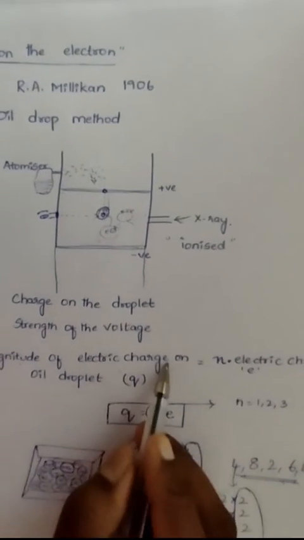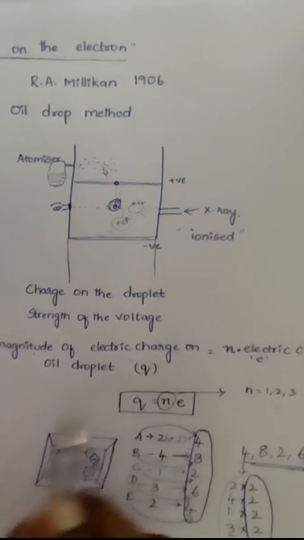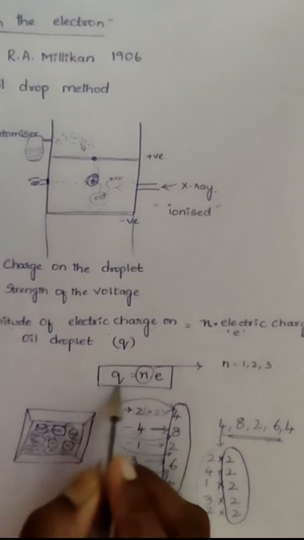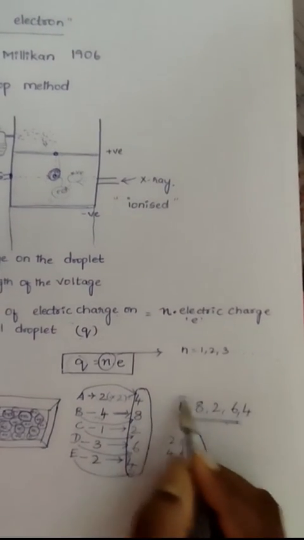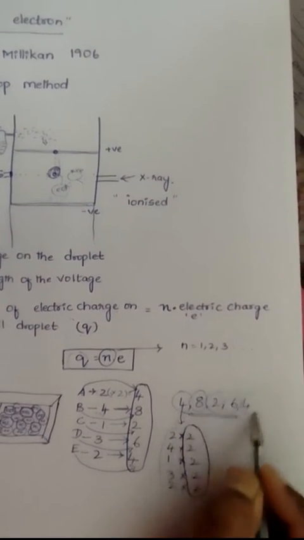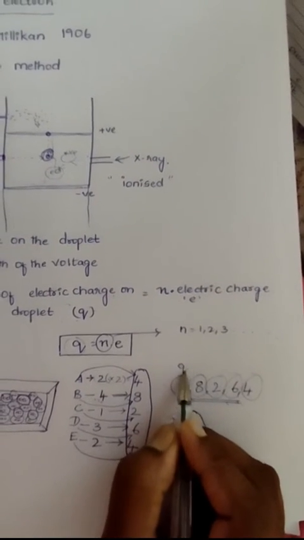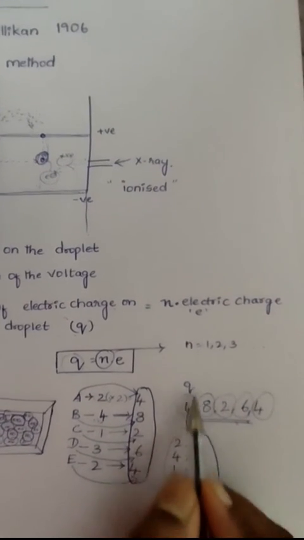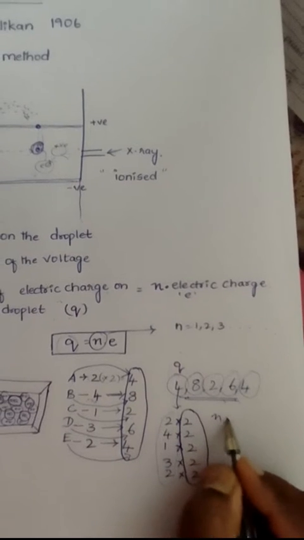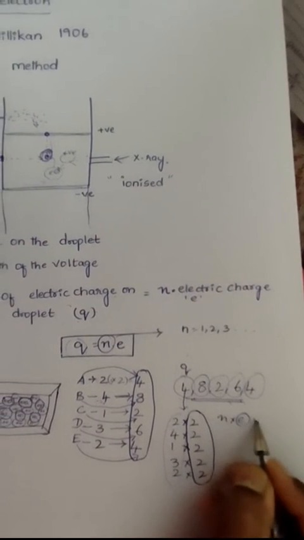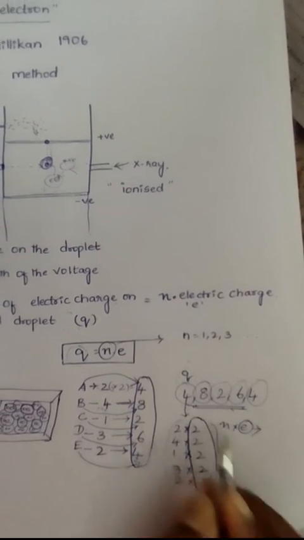The oil droplets are carrying a charge Q, which means it's 4, 8, 2, 6, 4. Let's think of it as Q, and Q is equal to N into E. E is common for all, that is 2.